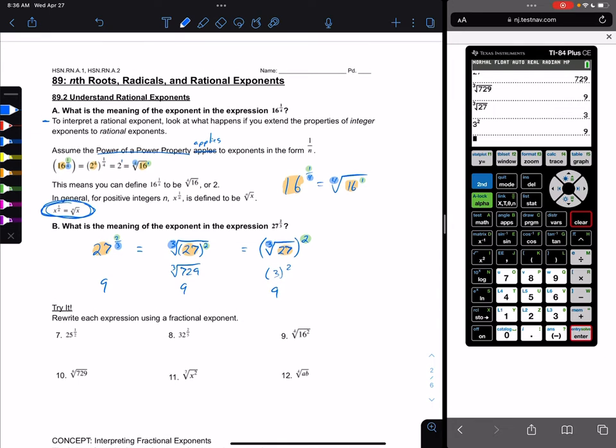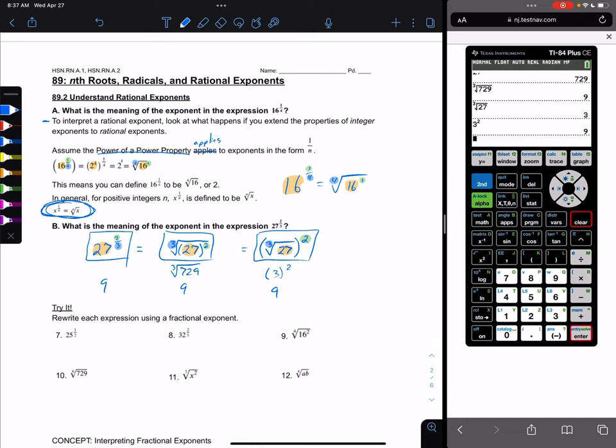So for a problem like this, and what you're going to do in try examples 7 through 12, I'm not concerned with this 9. Don't worry about coming up with a 9 here. You're going to look to rewrite your fractional exponents as radicals with their roots, or write the radicals, like in number 9 through 12, as problems with fractional exponents.